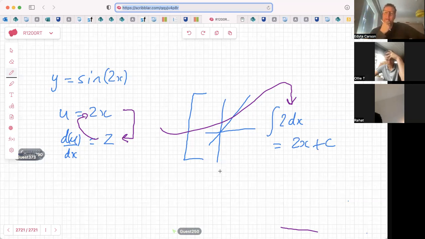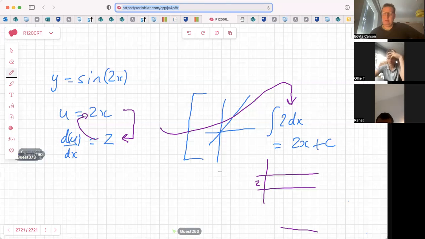If you ever get stuck on an integral, just think what must have been differentiated to get that. Maybe you could work it back. Also, like you said, Rahat, if you've got a line with a height of 2, the area under that is just going to be 2 times x, isn't it? Just a rectangle.